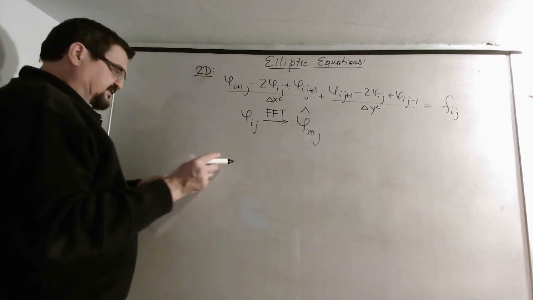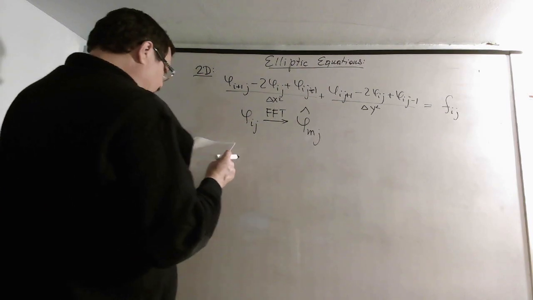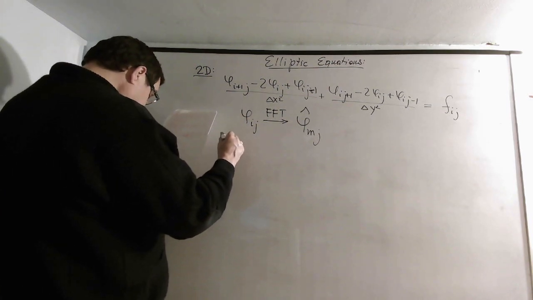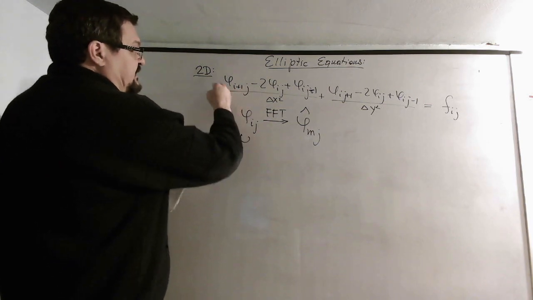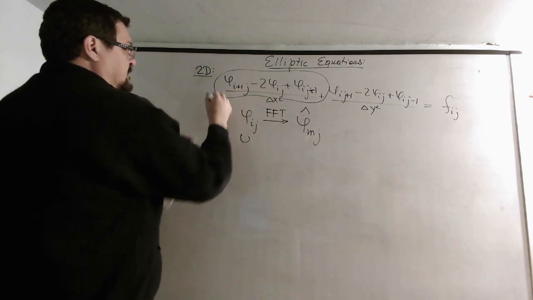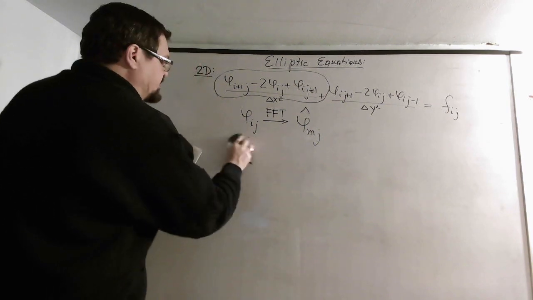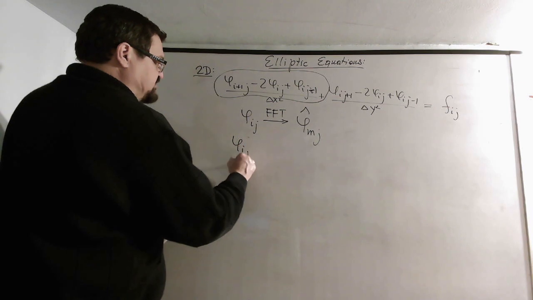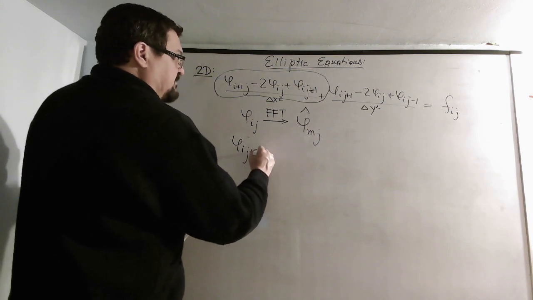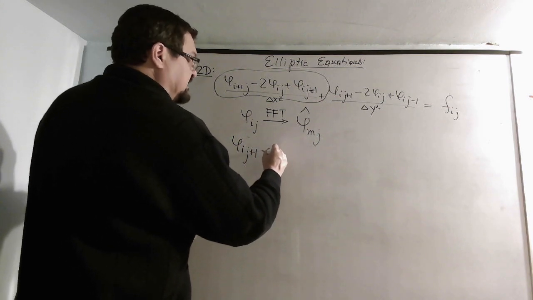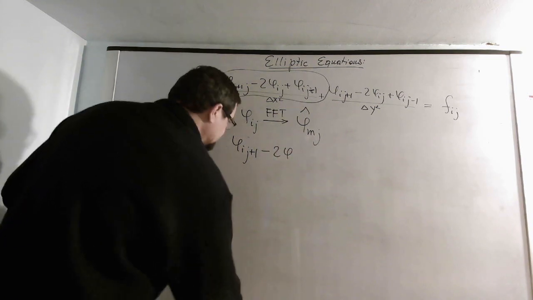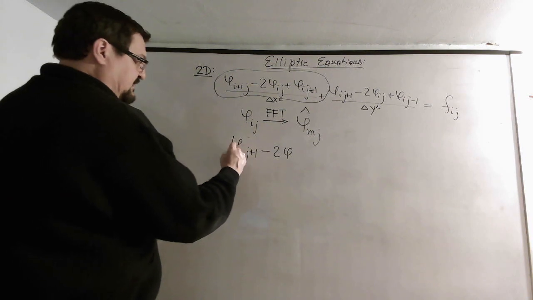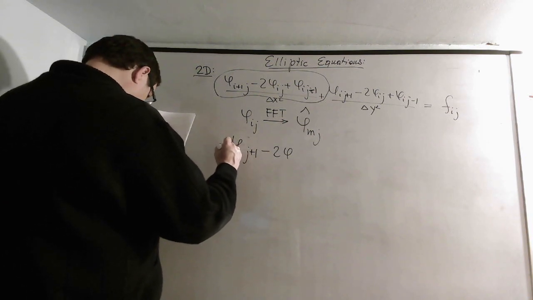So now the equation looks like the following. It's phi i j plus 1 minus 2 phi... well, actually, it's not i.